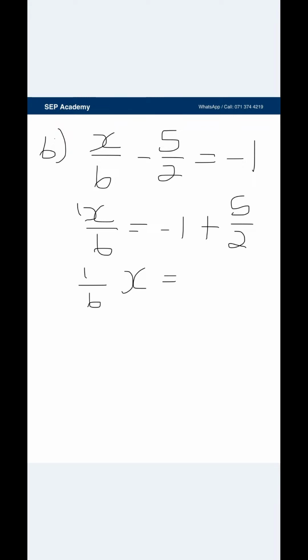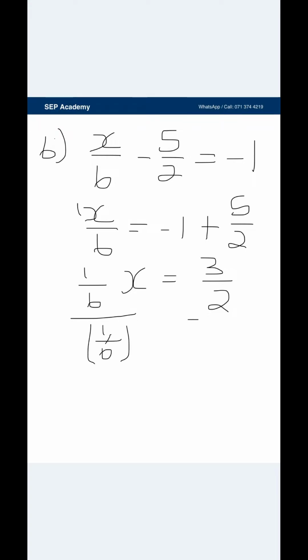But negative 1, when you plus it with 5 over 2, it gives you 3 over 2. So that means you have positive 3 over 2, not over 4, but over 2. It is now up to you in terms of how you work it out. One can still say, now I'm going to detach that 1 over 6.